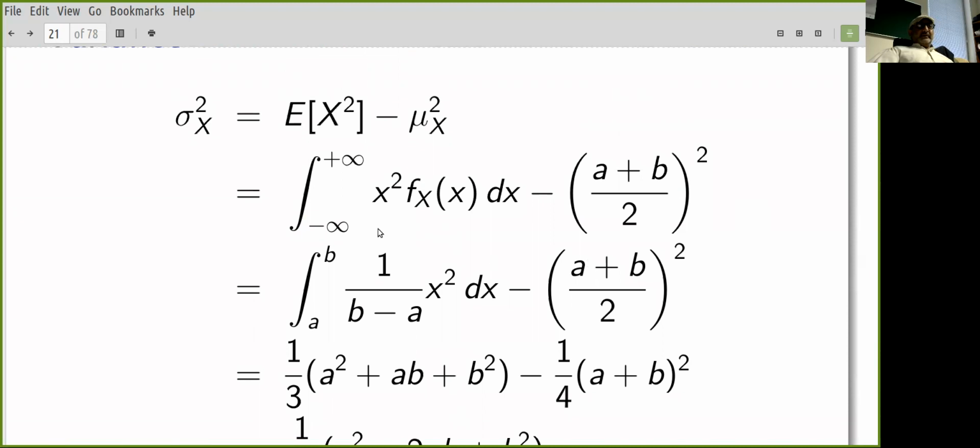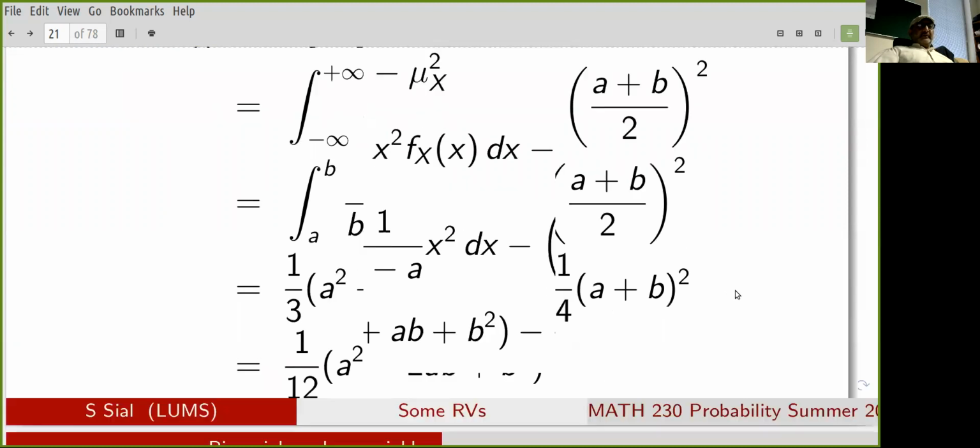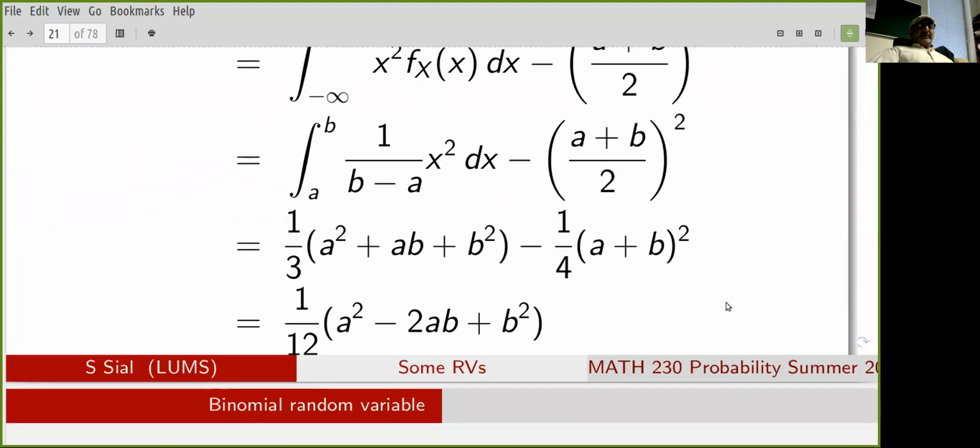Now this PDF is 0 outside the interval from a to b, so that's the only thing we need to integrate over. So we integrate from x equals a to x equals b, x squared times the form 1 over b minus a. And then we do some standard integration, and we'll get 1/12 times a squared minus 2ab plus b squared.